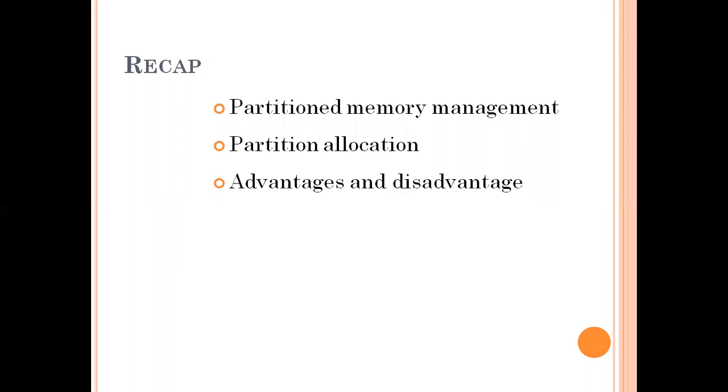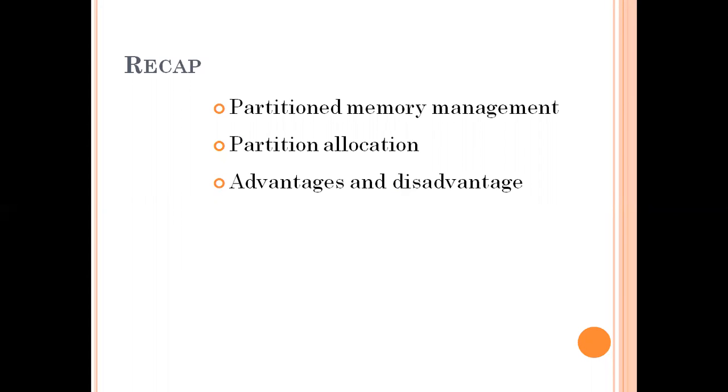In the first fit technique, the free partition table is first kept sorted by location. Whenever a partition has to be allocated to a job, it keeps searching from the beginning of the table, and whenever a partition is found whose size is bigger than the job size, that partition is allocated.